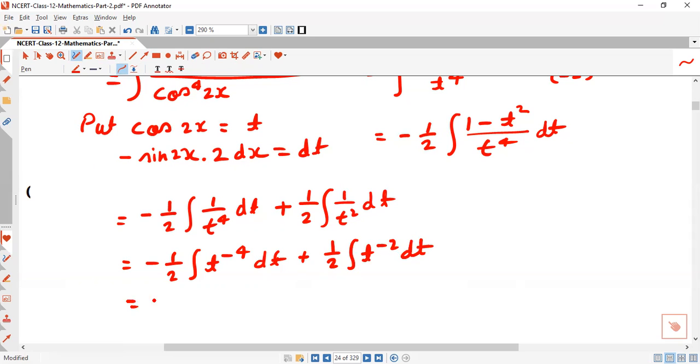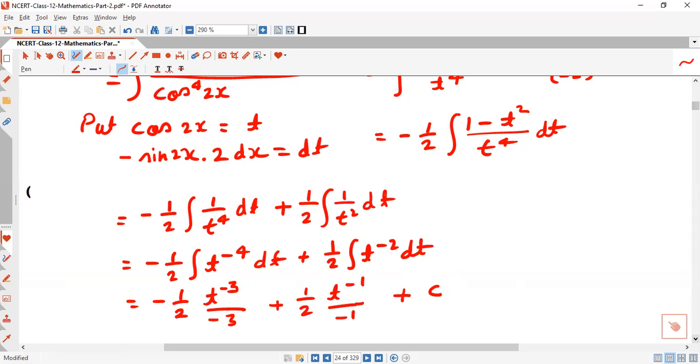If you solve this, minus half t raised to minus 3 divided by minus 3, plus 1 by 2 t raised to minus 1 divided by minus 1, plus some constant c.